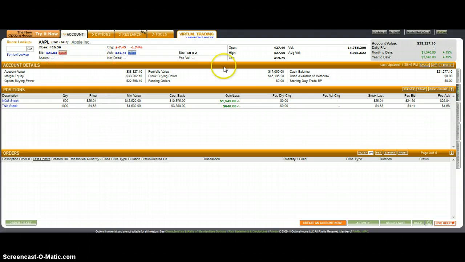With higher volume stocks, this is Apple here trading on average almost 9 million shares per day, when the market goes live, the bid and ask price will generally only differ by about a penny. But still, be aware of that. If you're trading, let's say, a stock that's only worth a couple dollars and the bid and ask price is a penny or two different, be aware of that, obviously.